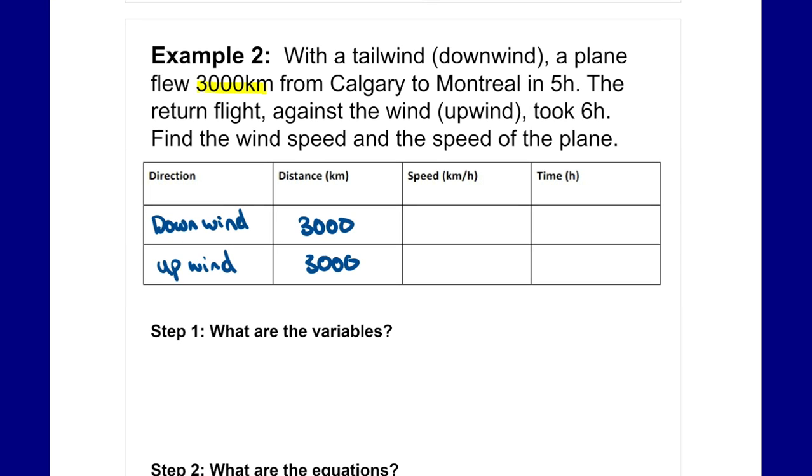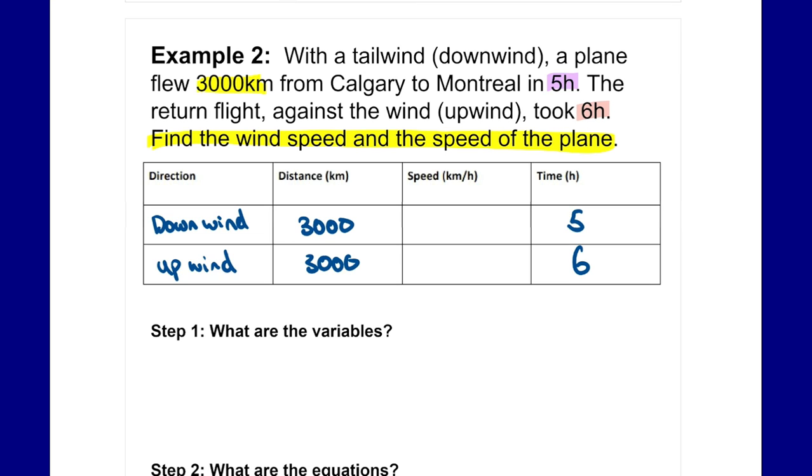We traveled 3,000 kilometers. The time it took, well, we have 5 hours when we're traveling with the wind and 6 hours when we're traveling against the wind. Our speed, we don't know the speed, because that is what the question is asking us to find. We don't know the speed of the wind or the speed of the plane.